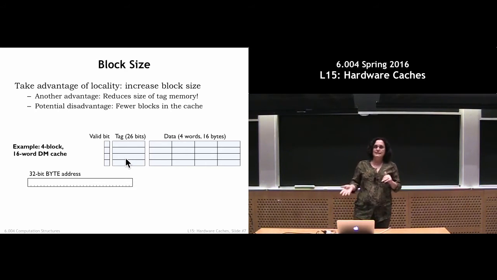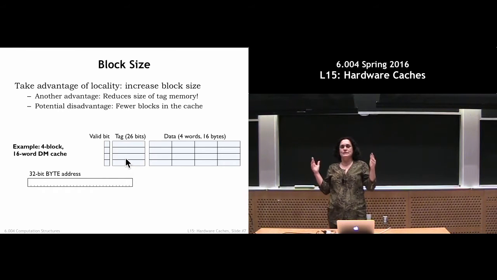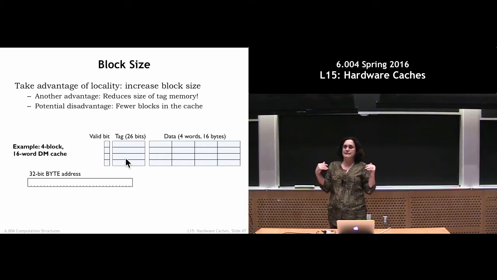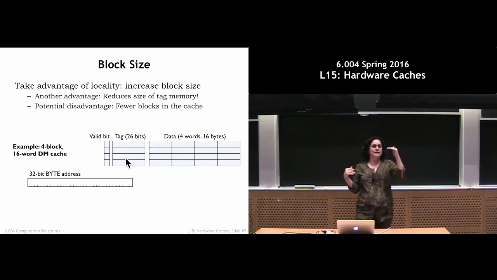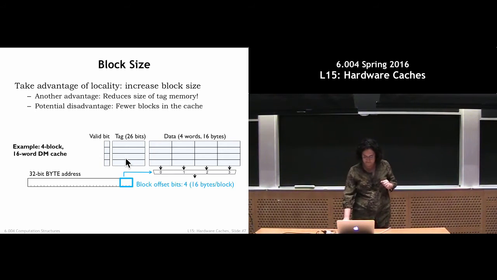The potential disadvantage is that if the total size of my cache is fixed, then by making the number of blocks per line larger, the total number of lines in my cache is going to go down. And so there is a possibility that I might not have enough lines in my cache for the different pieces of the data that I need to access, and as a result, that might increase my miss rate. So we have to take all of these things into consideration.